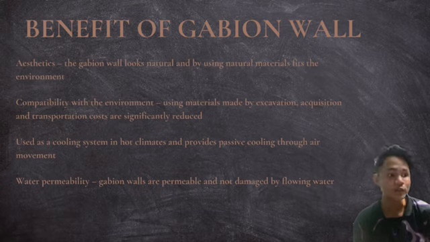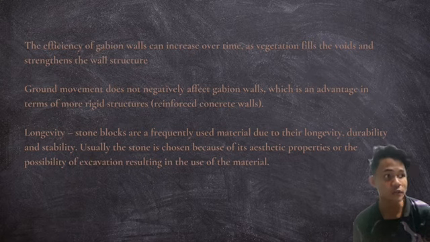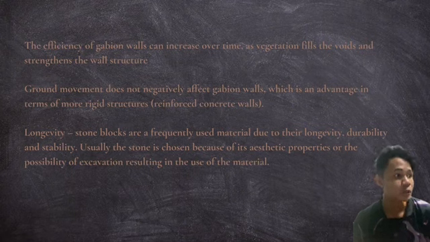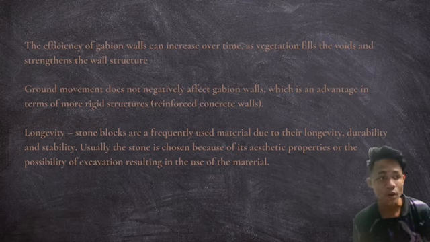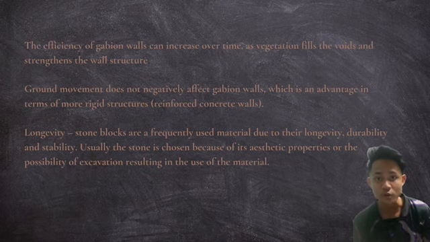The fourth, water permeability. Gabion walls are permeable and not damaged by flowing water. The fifth, the efficiency of gabion walls can increase over time as vegetation fills the voids and strengthens the wall structure. The sixth, ground movement does not negatively affect gabion walls, which is an advantage compared to more rigid structures, reinforced concrete walls.